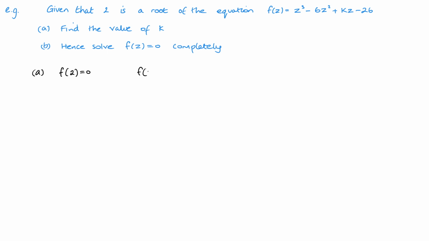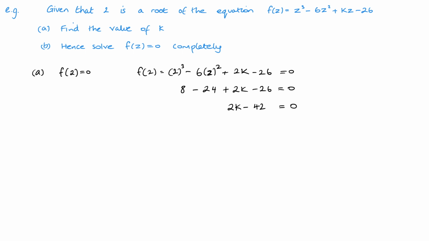My f of 2 will just mean that I'm substituting 2 into everything within this cubic. So that's 2 cubed minus 6 times 2 squared, plus 2k minus 26, and of course this will equal 0.